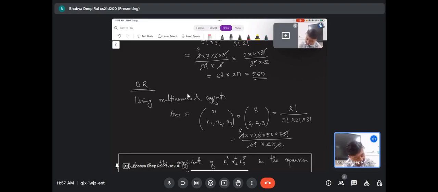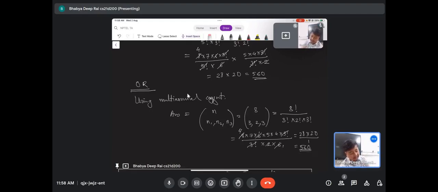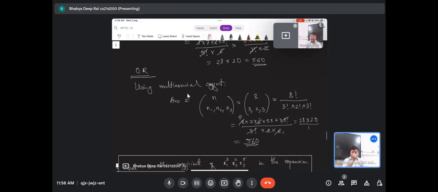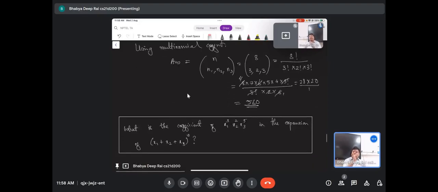Which is nothing but 4 times 7 is 28 times 5 times 4 is 20, divided by 1, which is again 560. So we see that this formula of multinomial coefficients actually makes things much simpler. You don't need to imagine taking out n1 elements and n2 elements and so on. So it's much simpler.